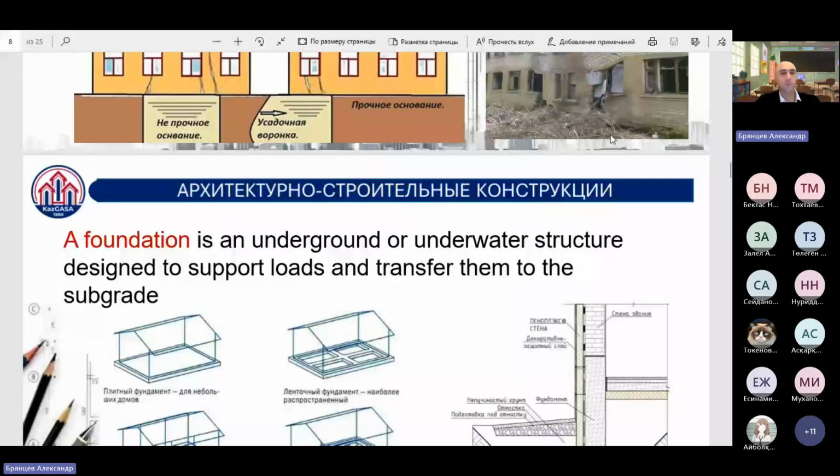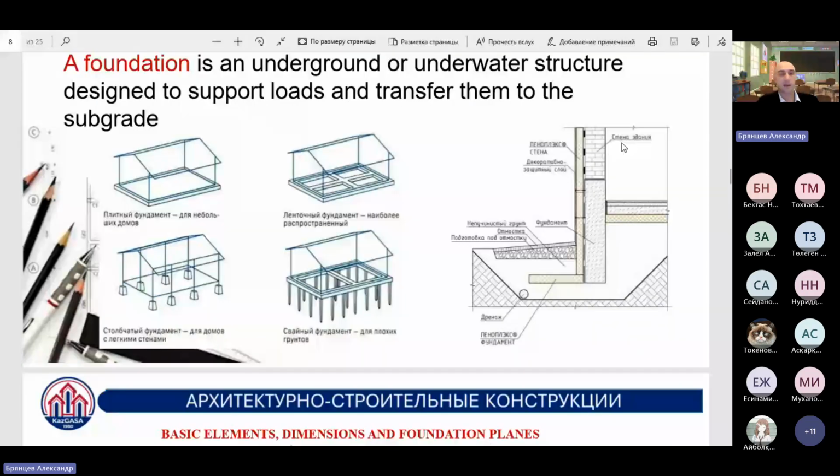Next slide is the information about foundations. What does foundation mean in general? Foundation is the substructure located under the ground or, for example, under the water, which receives all loads from the building and transfers them into the soil.